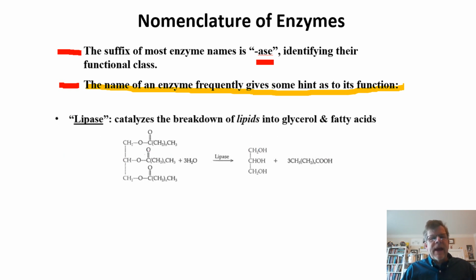The term lipase, that is the name of an enzyme. Here's lipase right here over an arrow. Now, what might lipase be specific for? What type of substrate? Well, if we look at the first three letters in lipase, L-I-P, that's the first three letters in the word lipid, L-I-P.